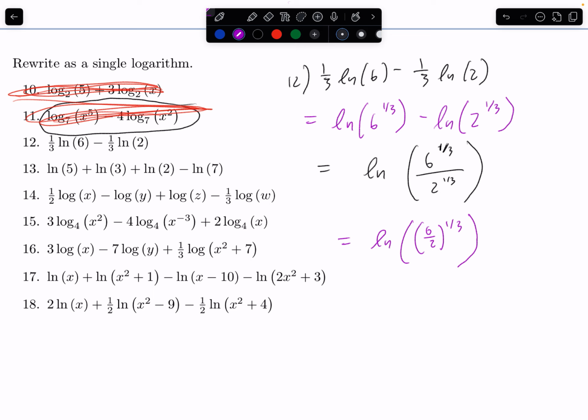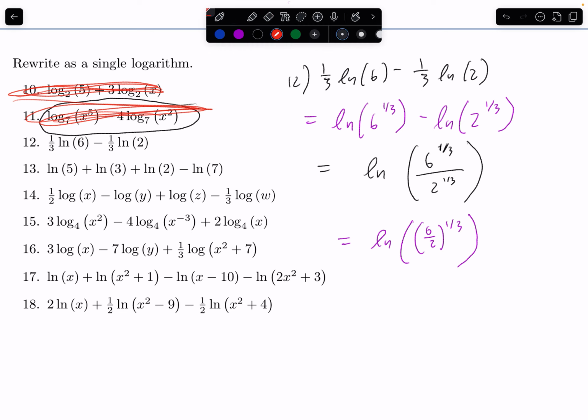Think about it this way. If I have a fraction like 4/3, right, and I square it, what is that? That's the same as 4 squared over 3 squared, right? But these can go in either direction. I could go from 4 squared over 3 squared, and I can change it back to 4 over 3 squared. And so that's what I just did. I would change 6 to the 1/3 over 2 to the 1/3 to 6 over 2 to the 1/3.